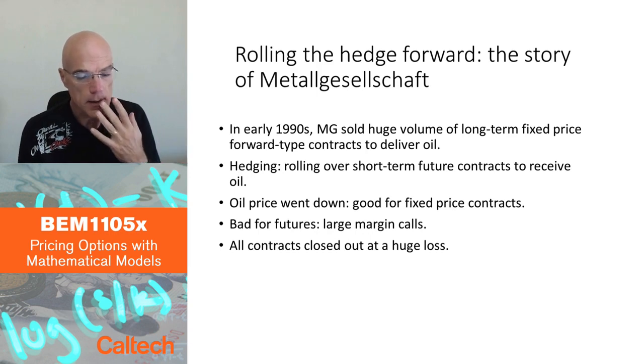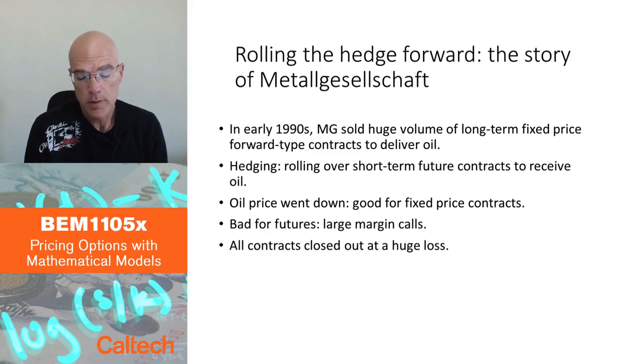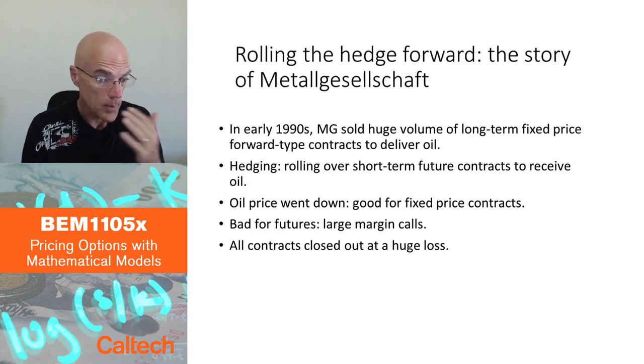And what they did, they negotiated closing out the long-term contracts, but they had to close them out at a huge loss. And in fact, this went to court, and there were big names in finance arguing on both sides of the lawsuit.